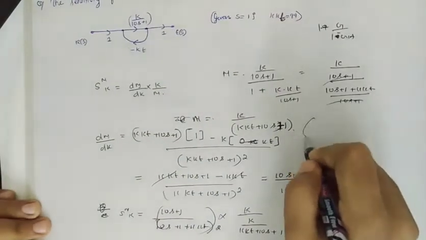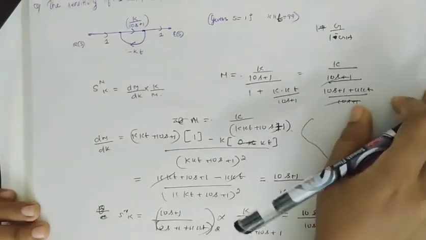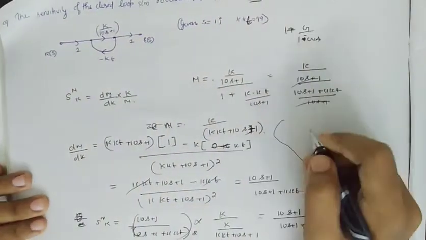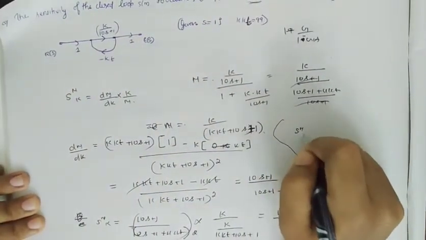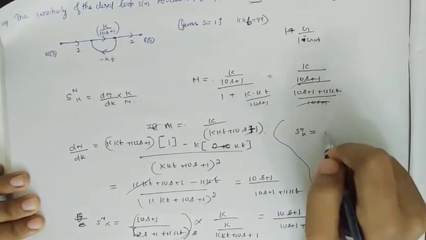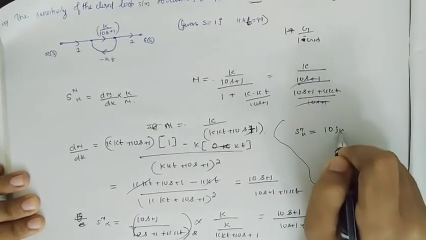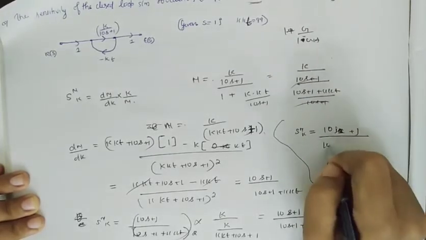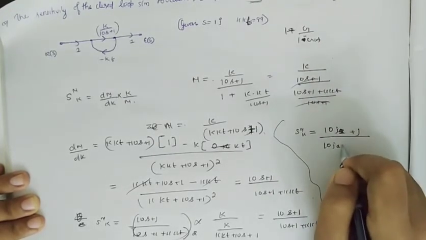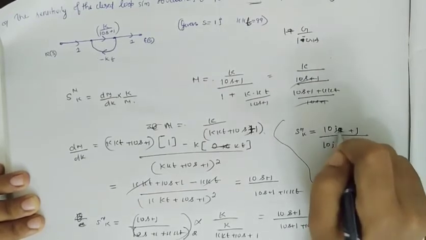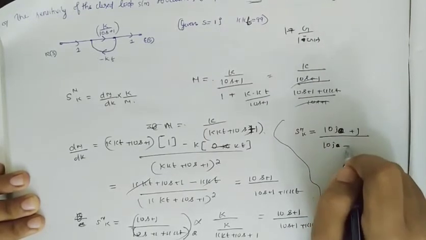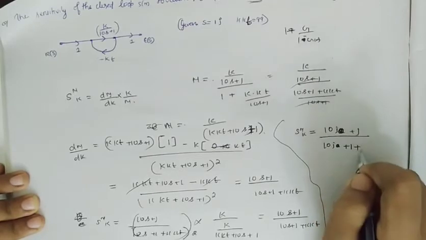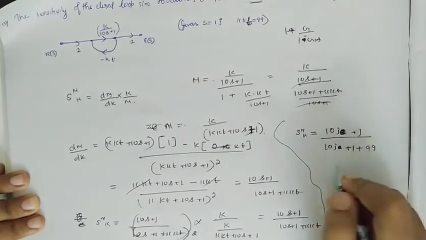Okay, I'll write it over here. So S_K^M is equal to 10 into (j + 1) whole divided by 10 into j. I can write 10j plus K plus 1 plus K K F is 99.